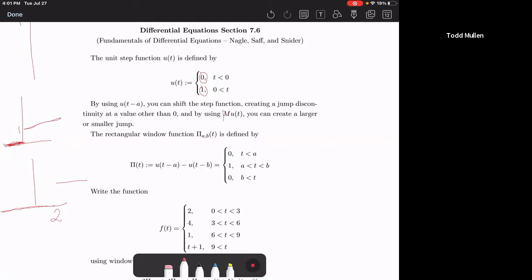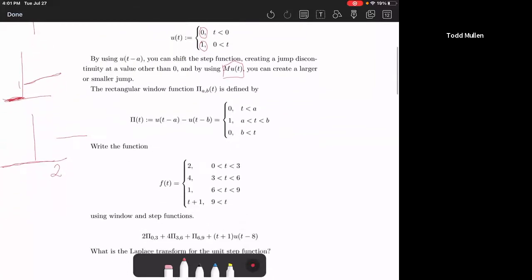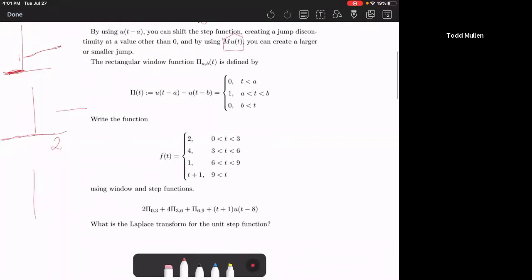Also, by using m times u of t, you can create a larger or smaller jump. So we could go up here, let's say 4, and this would be 4 times u of t minus 2 if we started here.